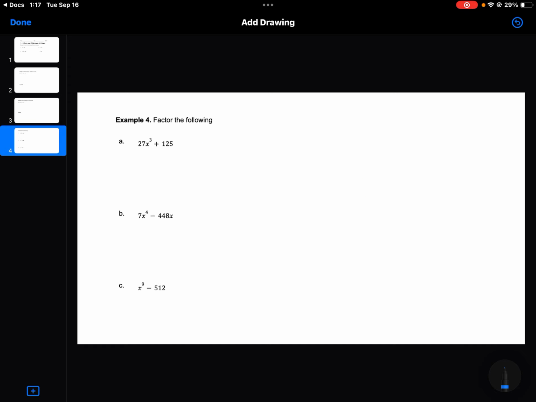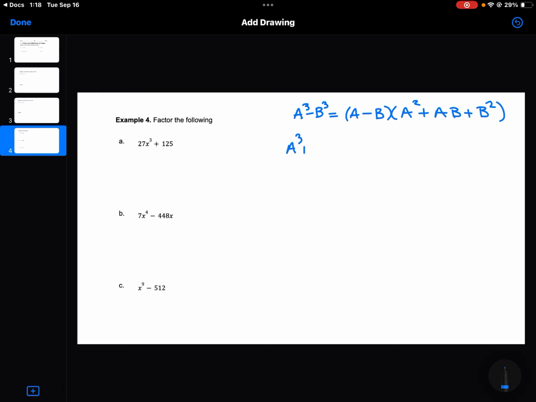So in general, my sum and difference of cubes can be factored as, we'll write down both. So difference of cubes is a minus b times a squared plus ab plus b squared.